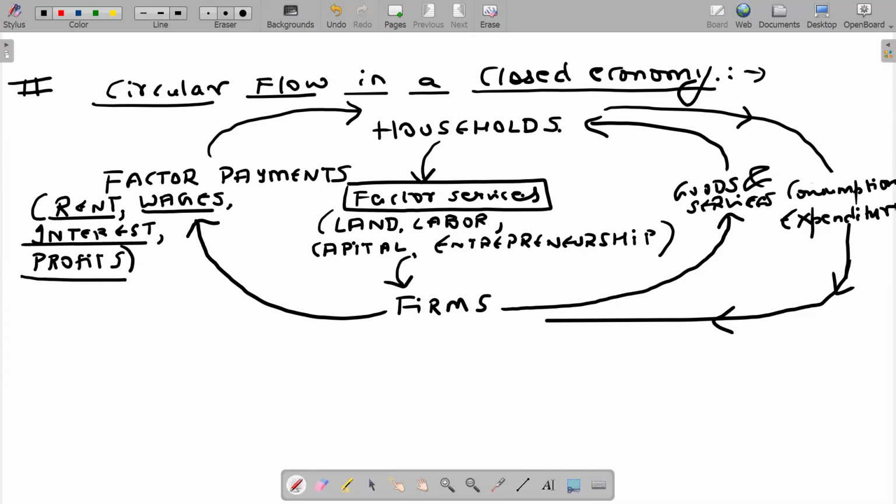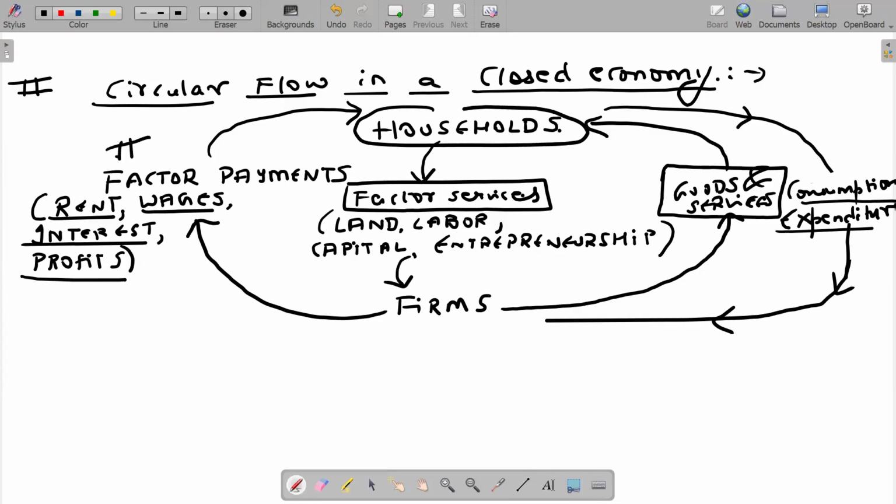Firms use these factor services to make goods and services. These goods and services are then sold to the households. Households spend on these goods and services using their factor incomes. That means whatever households earn from rent, wages, interest, and profits, that money will be used by the households to buy goods and services from the firms.